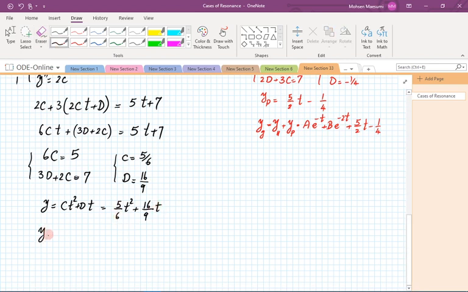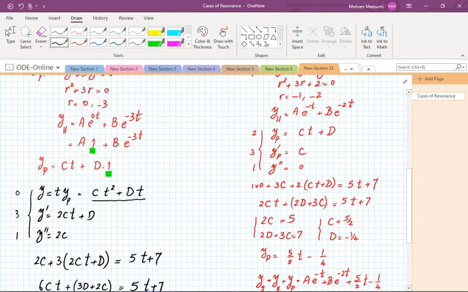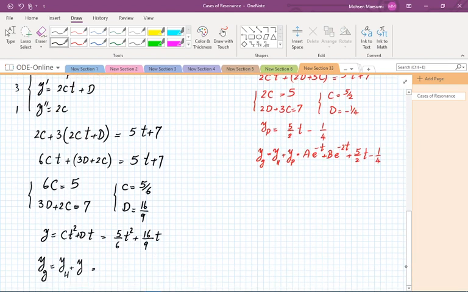So the general solution now becomes the homogeneous that we had plus this solution that we got now. So homogeneous was what? Homogeneous was, this was homogeneous, a plus b exponential of minus 3t.